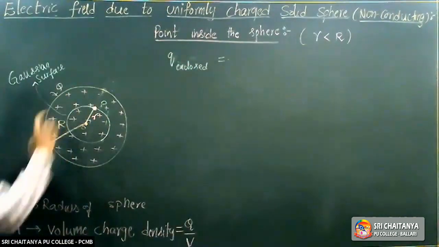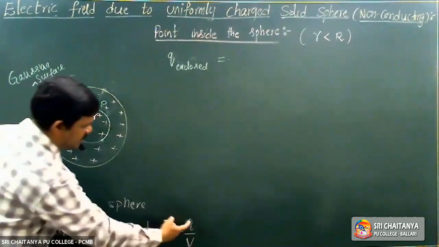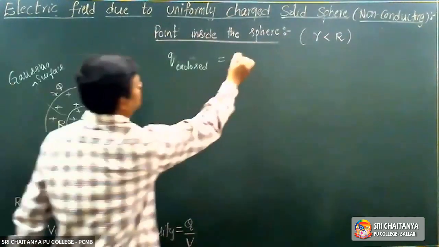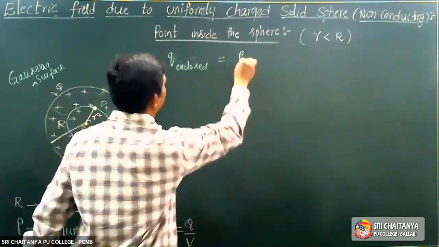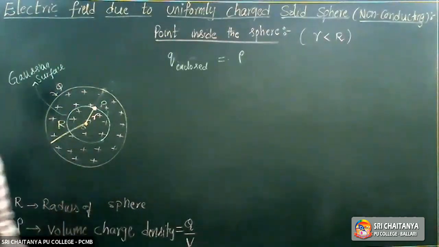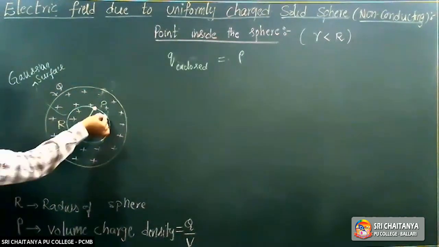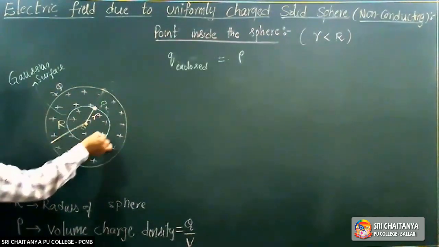We know for this sphere, the volume charge density is rho. Volume charge density means what? Charge per unit volume, rho. Then the volume enclosed. What is the volume enclosed?